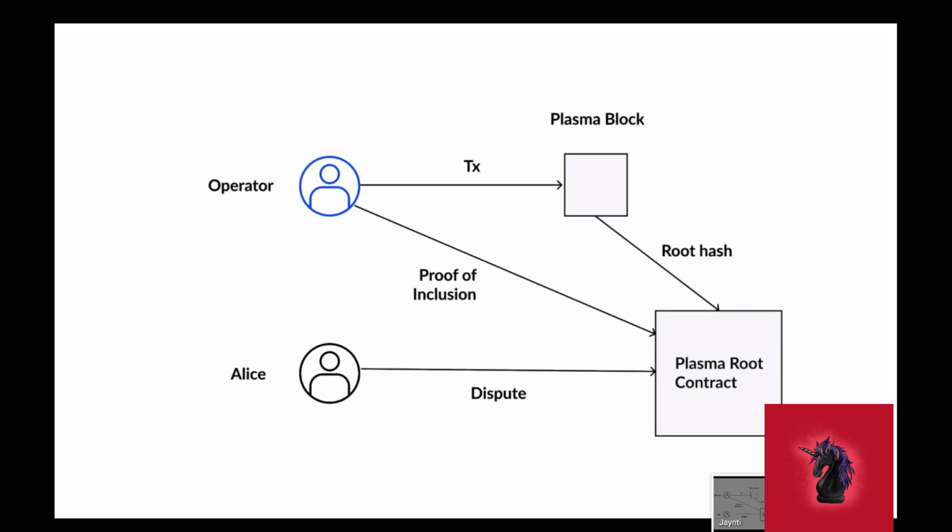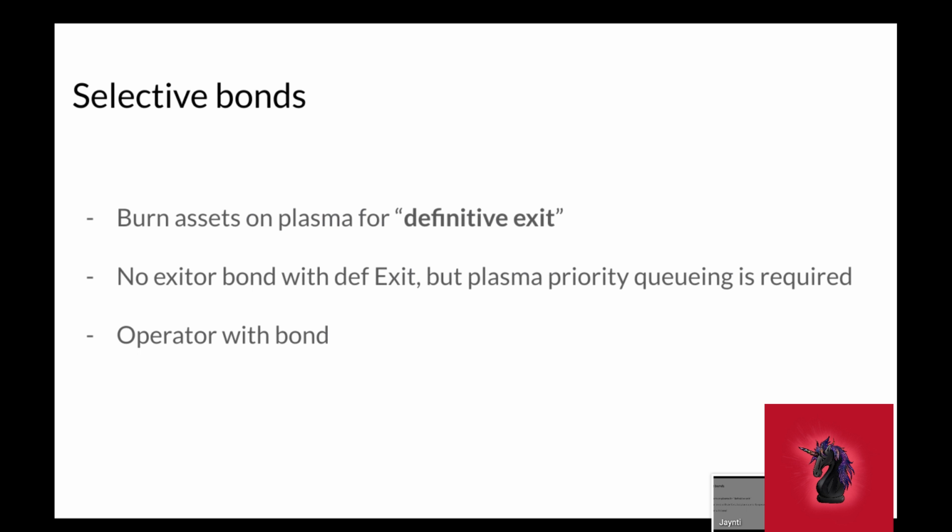Right. So the last thing I'm going to talk about is selective bonds. I'm not sure if you know, when you exit or do a dispute on Plasma, you need to put a bond on the main chain.